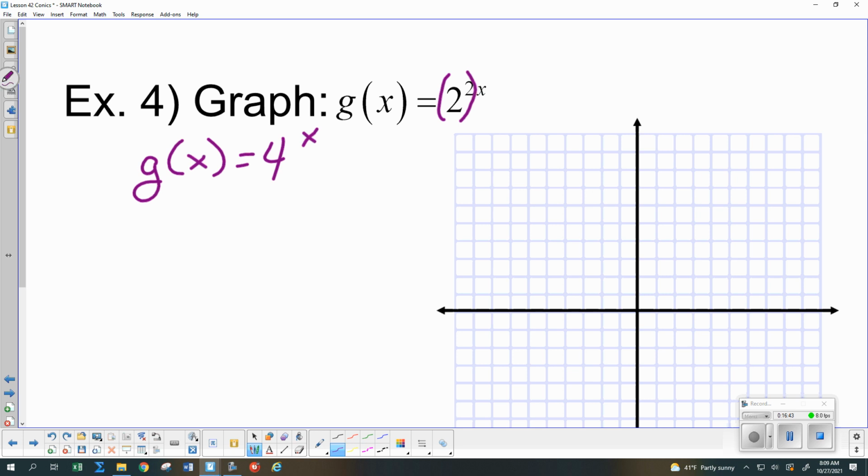I don't need a shift on that. I know how to graph that. That goes through 0, 1, goes through 1, 4, and 2, 16, so off the grid before I get there. Nothing changed with an asymptote or a shift, and it just looks like that, and I had these points 1, 4, and 0, 1 on them.